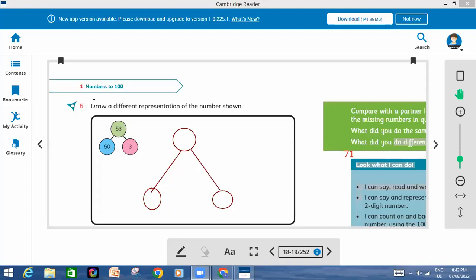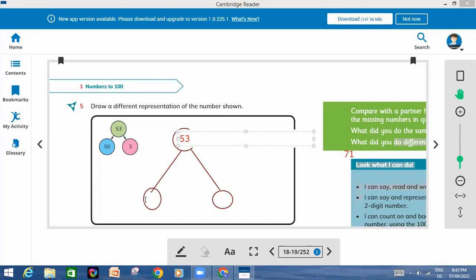So guys, here is a question. Draw a different representation of the number shown. So we are going to take the same number, or you can even take other numbers. So for example, it is 53 again, the same number as shown.